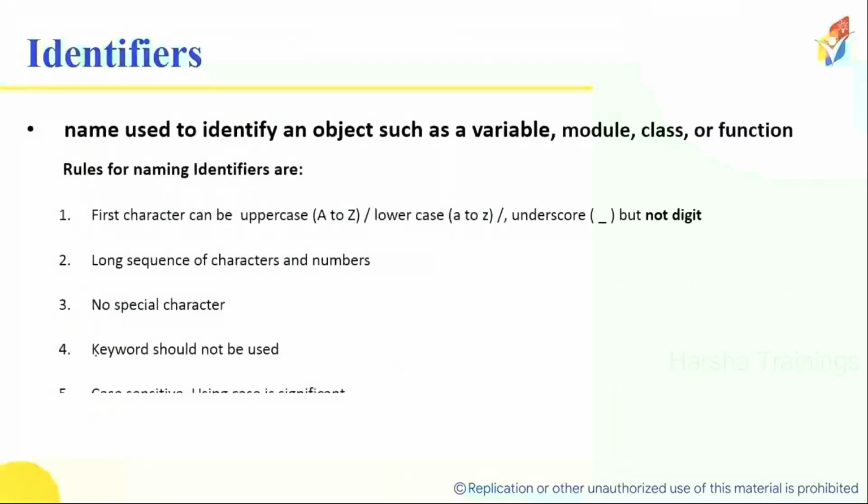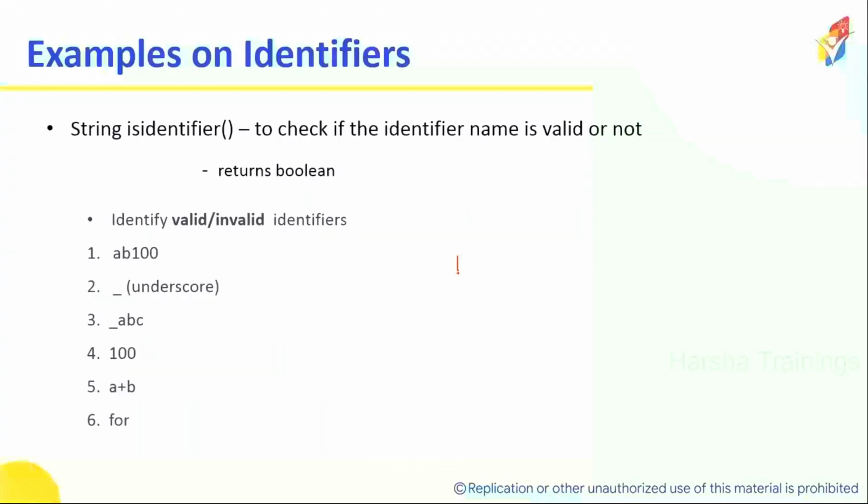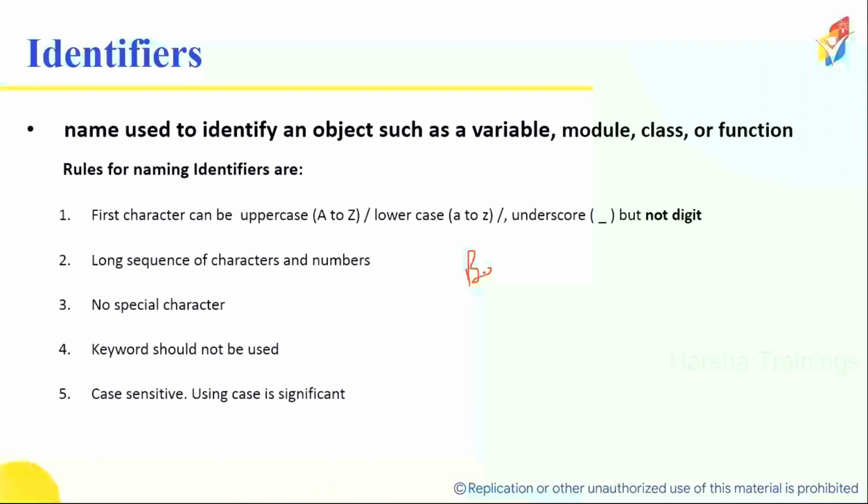Now, if I want to start Python programming, first of all, you should know the basic building blocks of every programming language. The first and foremost building block is identifiers. What is the meaning of identifier?